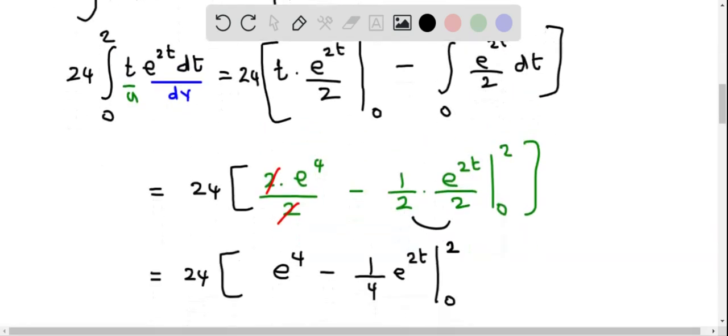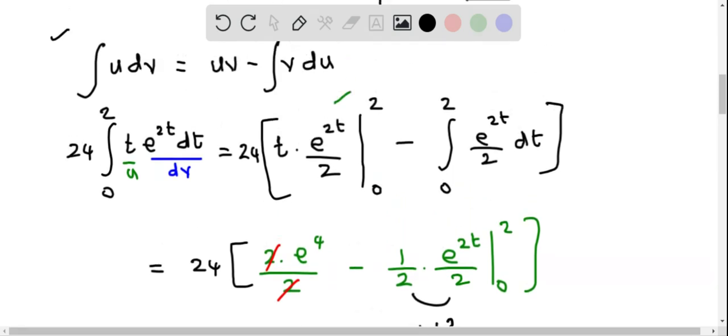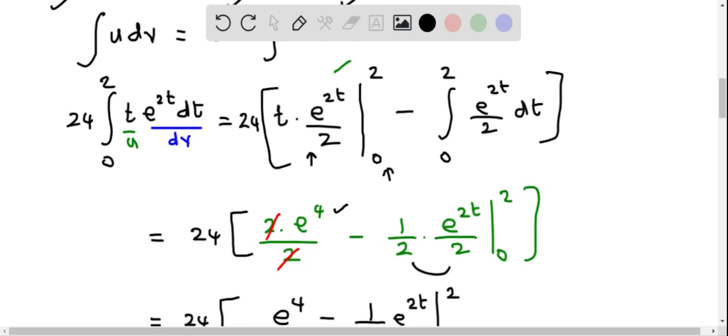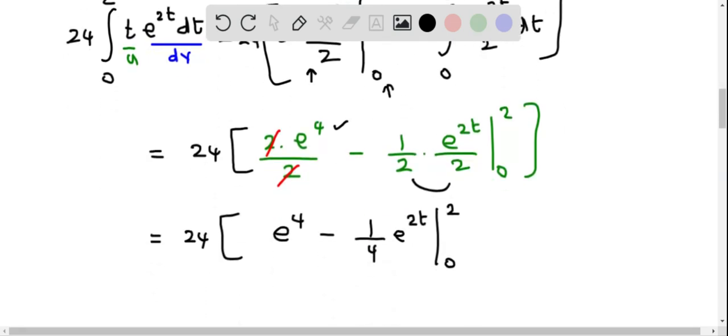I just forgot to tell you here, that is we substituted the upper limit. When we do that, we got this one, but when we substitute this lower limit into this expression, we will get 0 because we have a t in front, so it becomes 0. So I did not put that here, so let's understand that as well.